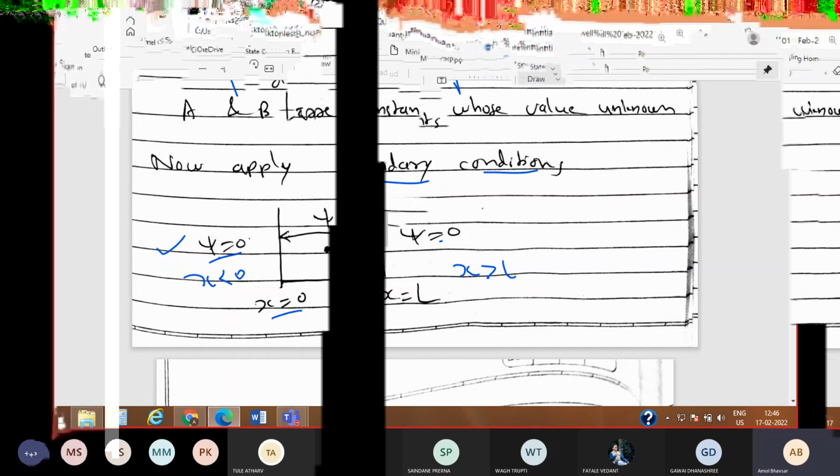Mod of psi 3, even n is equal to 4, you will get the four number of curves. For n is equal to 3, you will get 3 curves. For n is equal to 2, you will get 2 curves. So this gives the probability. Mod of psi 1 square, mod of psi 2 square, mod of psi 3 square. This gives the probability of finding the particle and is maximum at the middle.